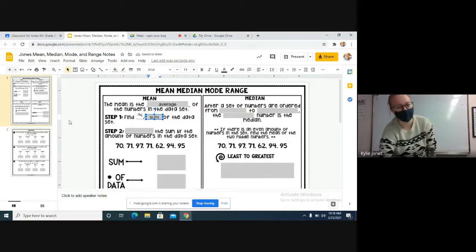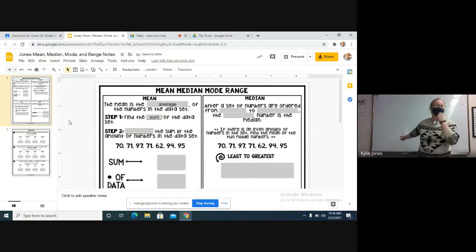Addition, add them all up, which is exactly what we did with number 1 behind me on the board. We added up all kinds of numbers, right? So step number 1 is to find the sum of the data set. So we would add all of those numbers together. Step number 2 is to blank the sum by the amount of numbers in the data set. What did we do for step number 2 over here?